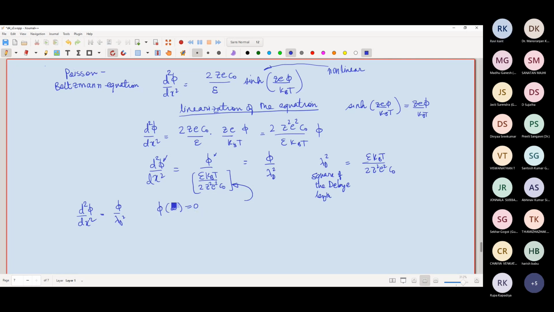And the other condition is that at the wall, at x equal to 0, we will specify some potential. There is no other consistent way of writing this. The potential at the wall is called the zeta potential.